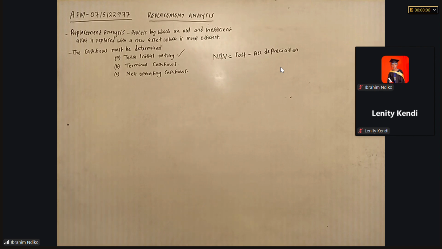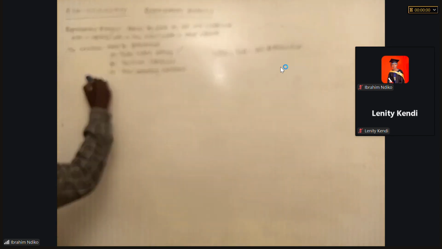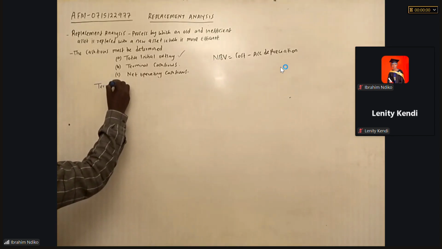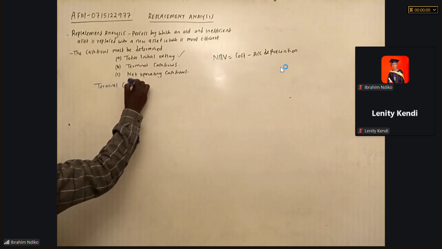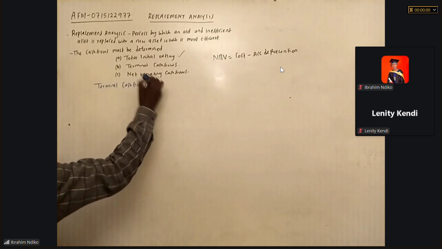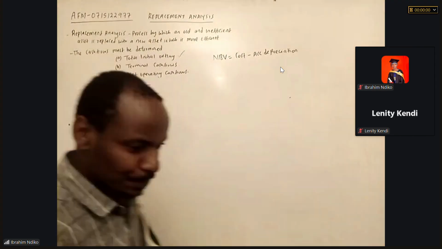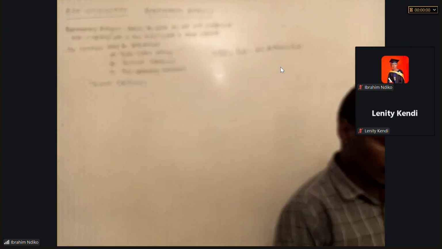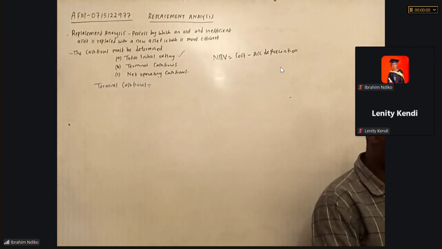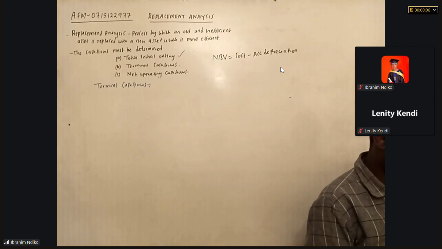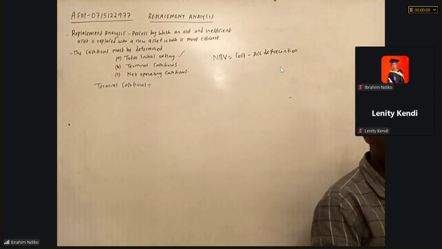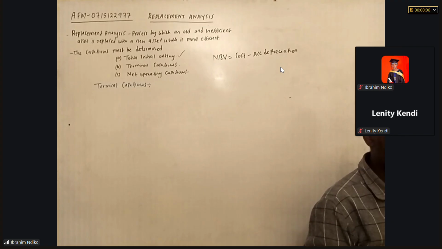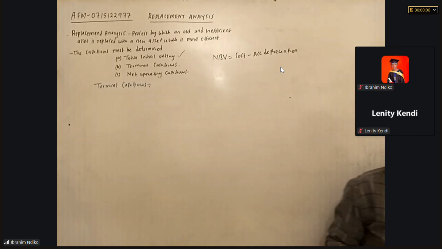When we dispose of that asset at the end, we call it the terminal cash flow, the cash flow that you expect to generate at the end of the useful life of that asset.